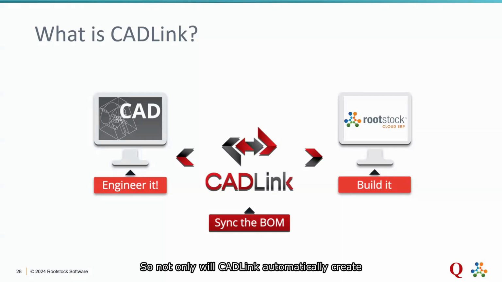So not only will CADLink automatically create items and BOMs for you, but it'll also give the user that opportunity to make any changes and do that bidirectionality. You can ensure that you have accurate data in both systems.